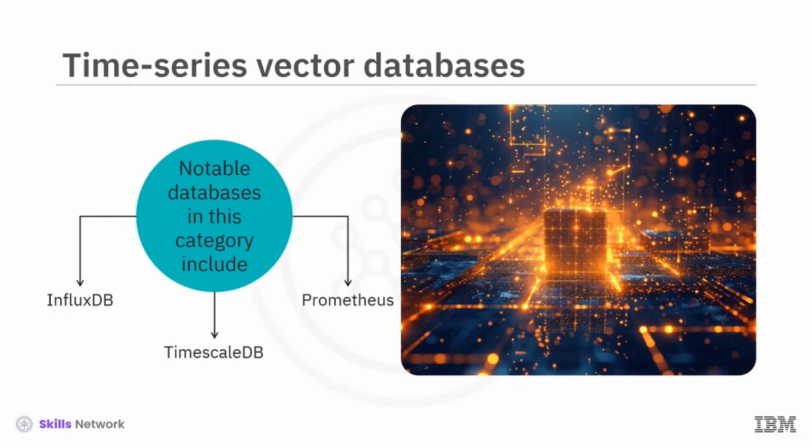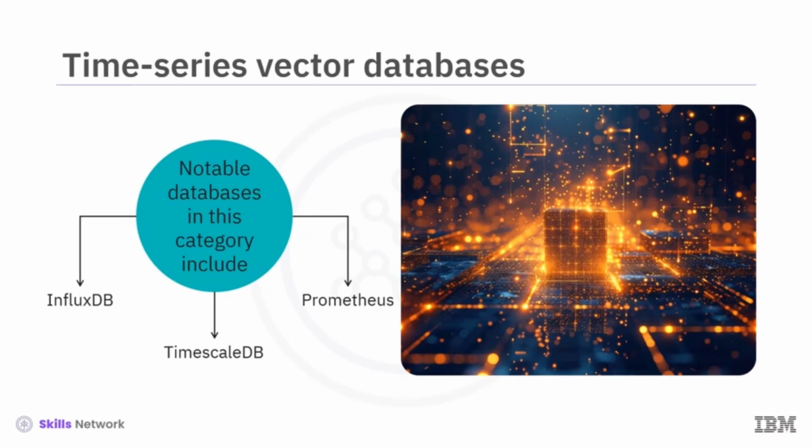InfluxDB, a vendor in this space, allows vector storage alongside time-stamped data. This capability enables querying and analyzing time series vectors to detect patterns, forecast trends, and monitor system metrics in IoT, monitoring, and anomaly detection applications.